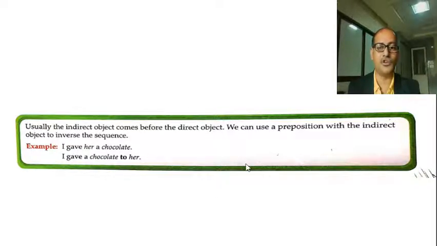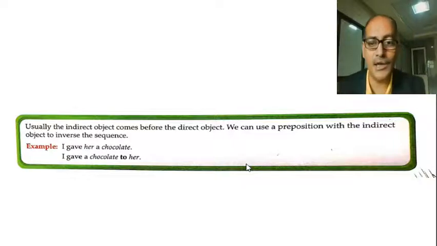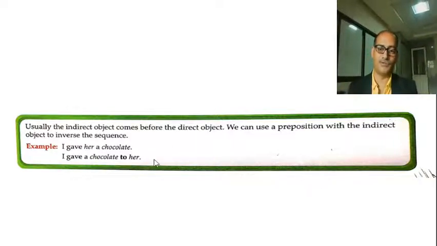I gave a chocolate to her. Here there are two objects. Sometimes there are two objects in a sentence. So one is the direct object and another is the indirect object. So here, I gave her a chocolate.